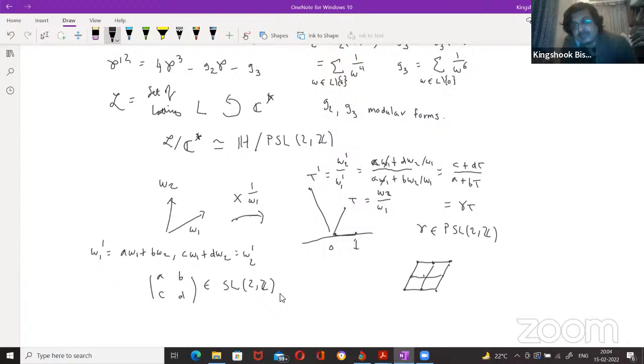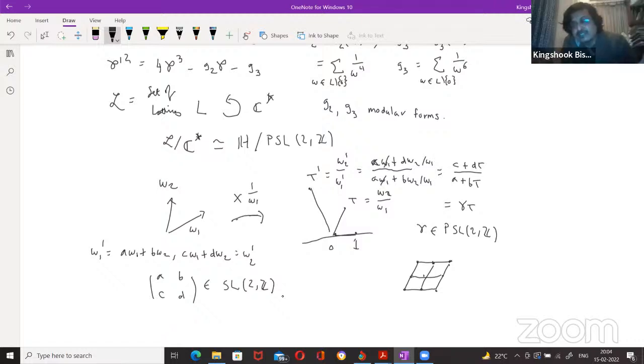This upper half plane is what's called the Teichmuller space of the torus. The mapping class group acts on the Teichmuller space, which is the upper half plane, and the quotient is what's called the moduli space.